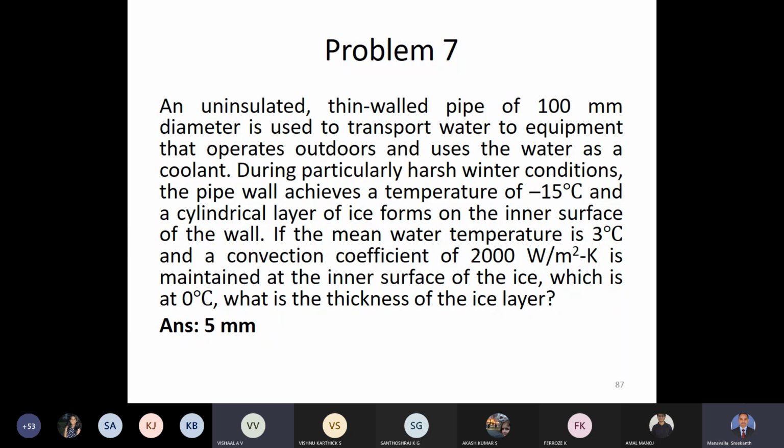If the mean water temperature is 3 degrees Celsius and a convection coefficient of 2000 watt per meter squared Kelvin is maintained at the inner surface of ice, which is at 0 degrees Celsius, what is the thickness of the ice layer? So this is the problem.